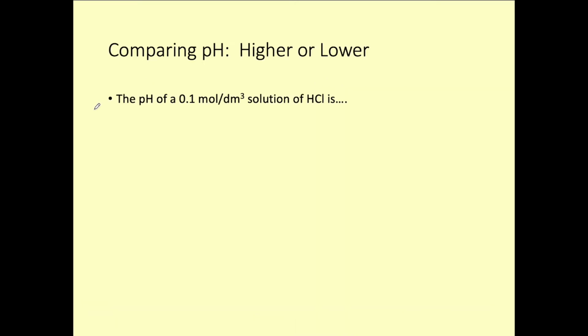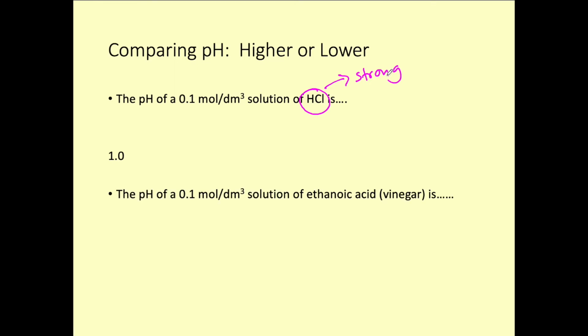So if we have a 0.1 mole solution of hydrochloric acid, so this is a strong acid, we have discussed that that would have a pH of 1. But what do you think the pH of a weak acid of the same concentration would be? So pause the video and have a think. Do you think it will be higher or lower?